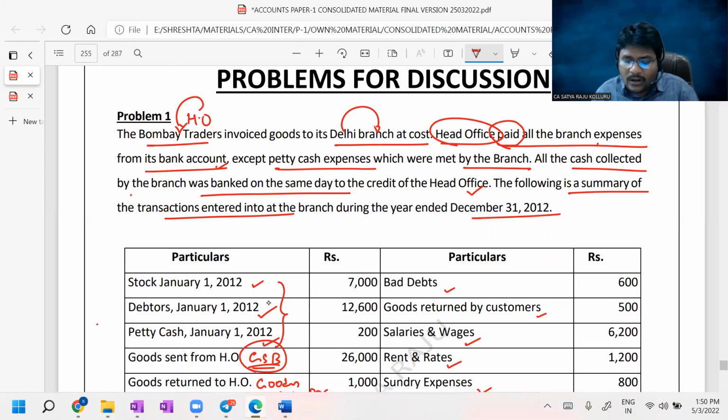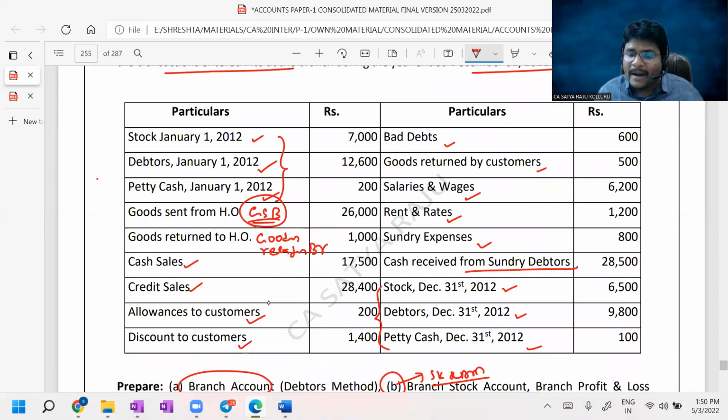So what are all the different expenses incurred by the branch? All such expenses in the form of cash are ultimately met by the head office. The total amount of such expenses we can simply term as cash sent by head office to the branch only. Now if you observe, allowances, which is a non-cash expense, discount is a non-cash expense, bad debt is a non-cash expense, salaries and wages is a cash expense, rent and rates cash expense, sundry expenses cash expense.